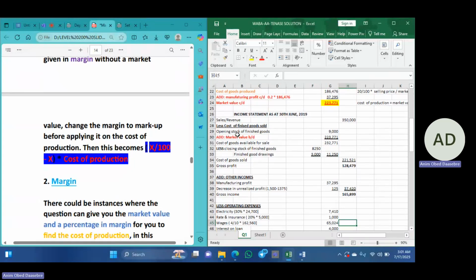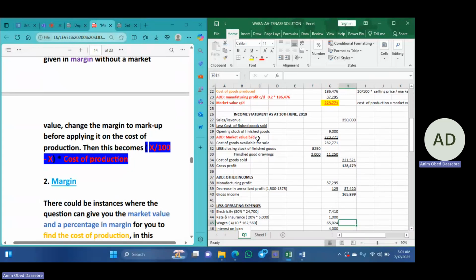You start with your opening stock of finished goods. You get it.